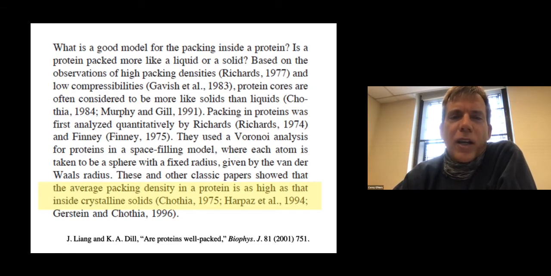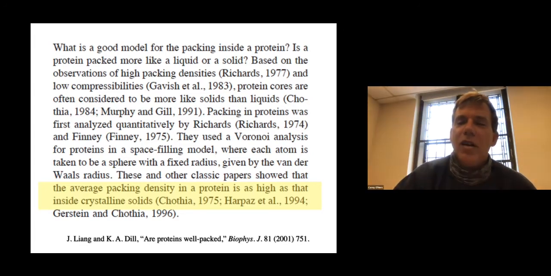Is a protein packed more like a liquid or a solid? In that question, he's asking, if it's packed like a liquid, then each of the liquid atoms or molecules can freely move around, whereas if it's a solid, then they're locked in place. Based on observations of high packing densities and low compressibilities, so sort of solid-like features, protein cores are often considered to be more like solids than liquids.